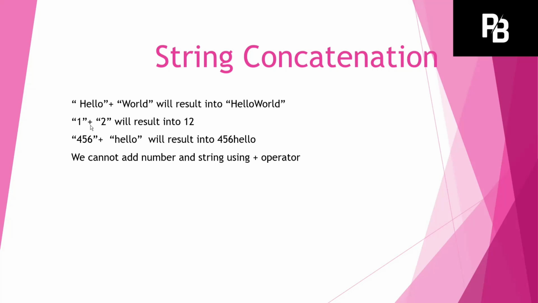So 1 plus 2 here will result in 12, not 3, because 1 and 2 here are considered strings. Similarly, 456 plus hello: 456 is a string and hello is a string, so when I apply the plus operator between them, it will result in 456hello. It joined both the strings.